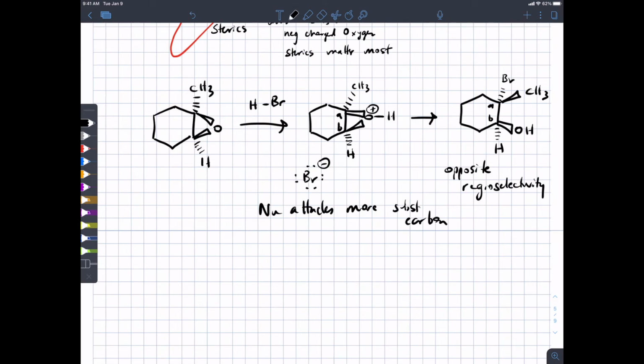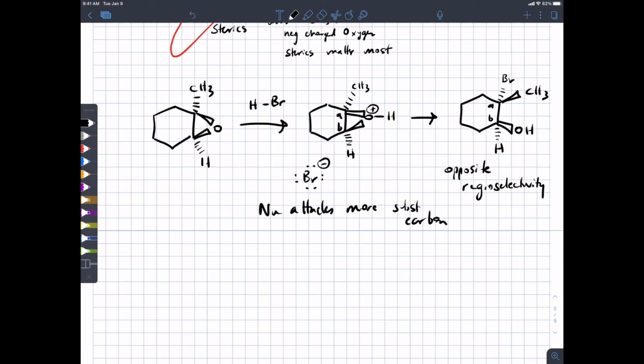What do you remember about the SN1 reaction? Is it faster for tertiary or secondary leaving groups? Faster for tertiary, and that is because the tertiary leaving group leaves behind a more stable tertiary carbocation.